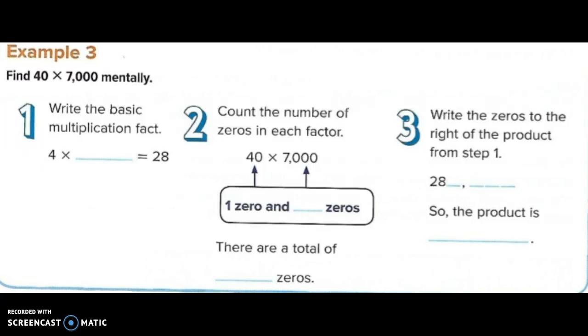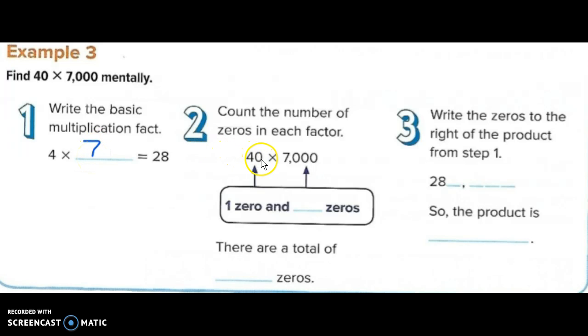Let's look at example 3. Find 40 times 7,000 mentally. So again, you have to think it in your head. Wow, those are big numbers. But it's easy because we know that 4 times 7 is 28.